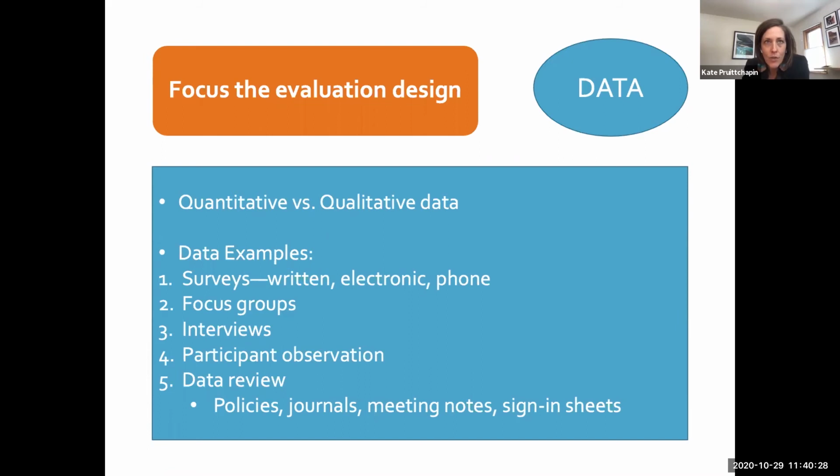Some examples are achievement test scores, the number of program recipients, satisfaction ratings of AmeriCorps members, right? Those pre-post tests, surveys, and assessments are the most common ways of obtaining that quantitative data.